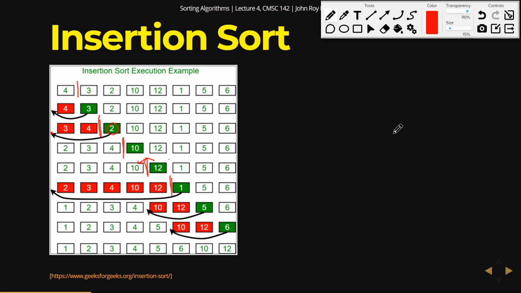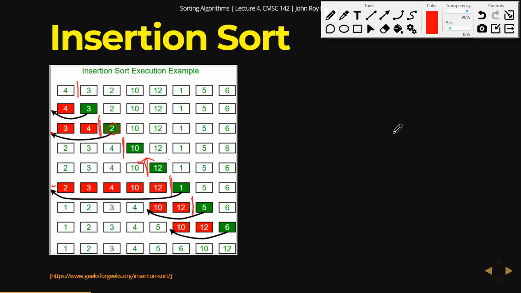Now how about 1? So we'll have to compare it with everything here, because 1 is less than 12, less than 10, less than 4, less than 3, less than 2, and so the correct position is somewhere here. Okay, so we have to swap or insert 1 all the way up to the front and move all items forward. So we know that everything up until here is already sorted.